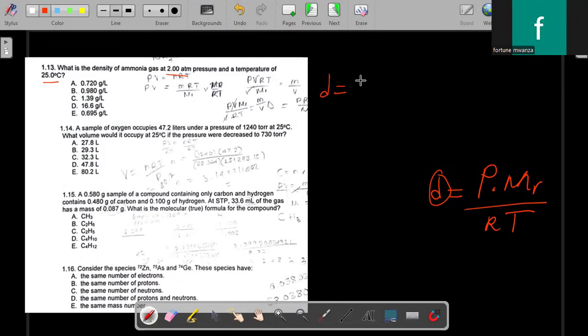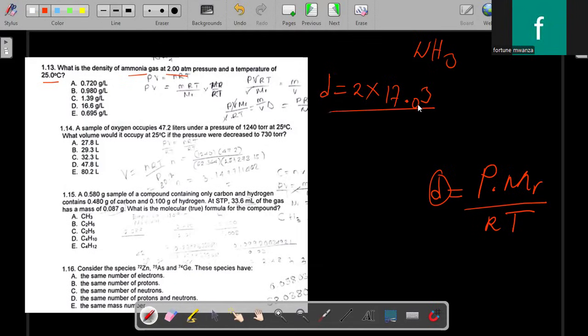The pressure I've been given is 2 atmosphere, so I have 2 times the molar mass of ammonia, which is simply NH3. The molar mass is 17.03.